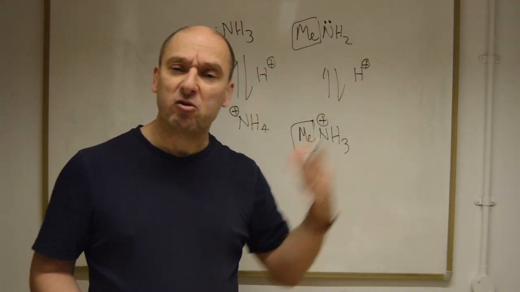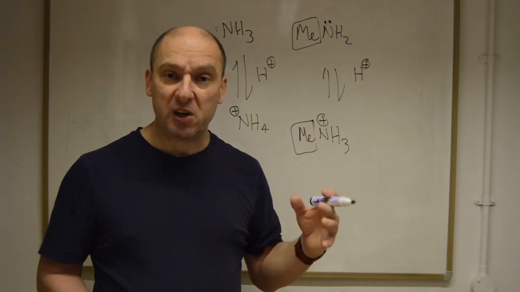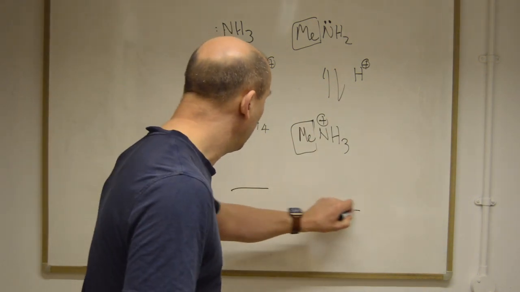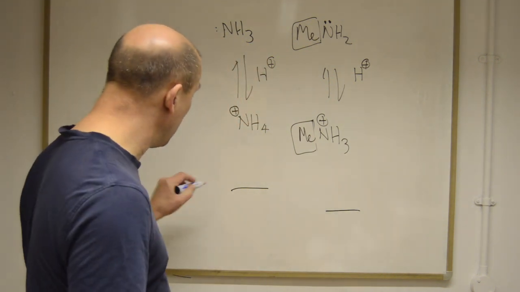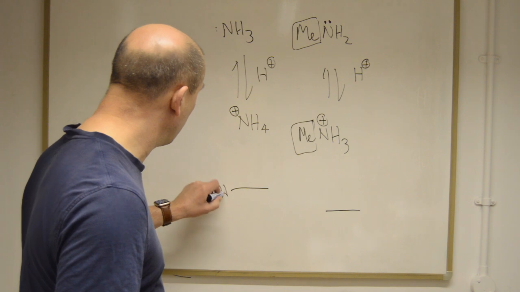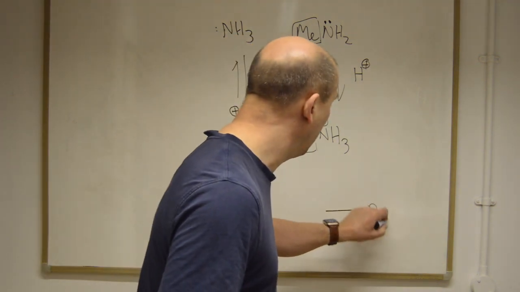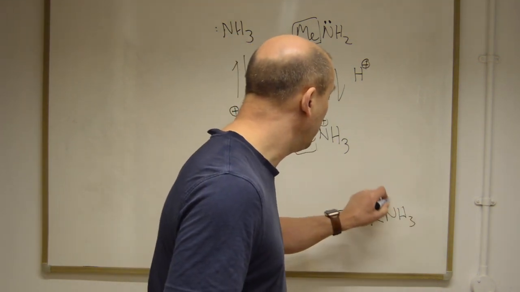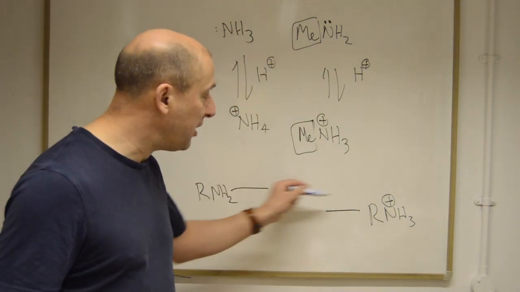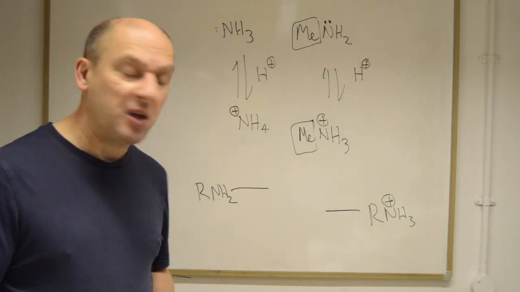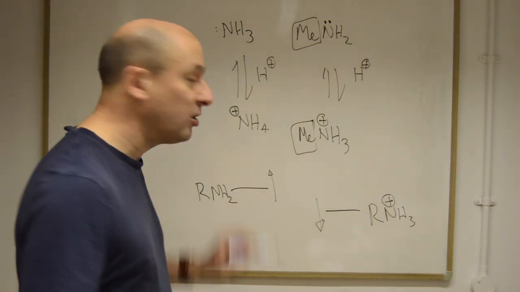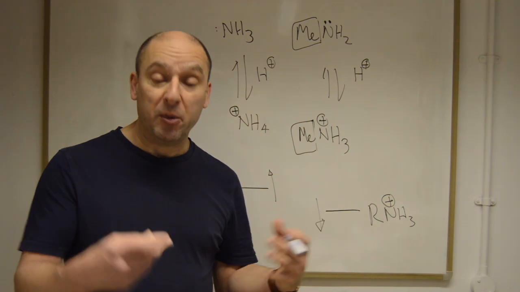So the idea of electron donation, electron withdrawal is really, really important, but what we've really got to be thinking about is the relative energies of two species. So if I just label this as RNH2 and RNH3+, if I want to move that equilibrium over here, I can do one of two things. I can either move that down, or I can move that up. Or there are permutations.